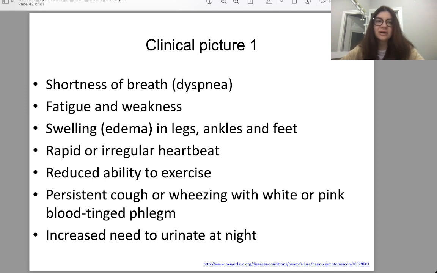Clinical picture of heart failure includes shortness of breath, or another name for it, dyspnea, fatigue and weakness, swelling, edema in legs, ankles and feet, rapid or irregular heartbeat, reduced ability to exercise, persistent cough or wheezing with white or pink blood-tinged phlegm, and increased need to urinate at night.